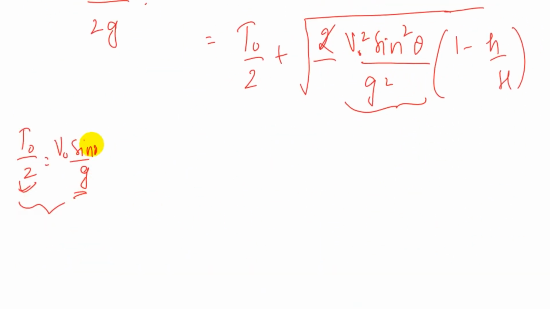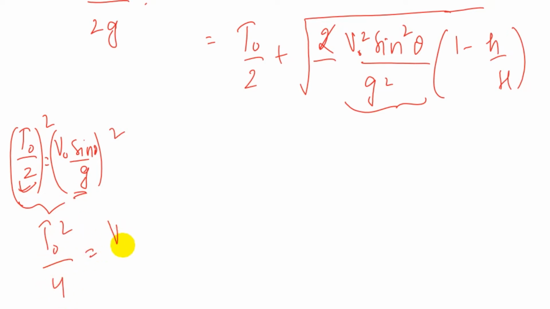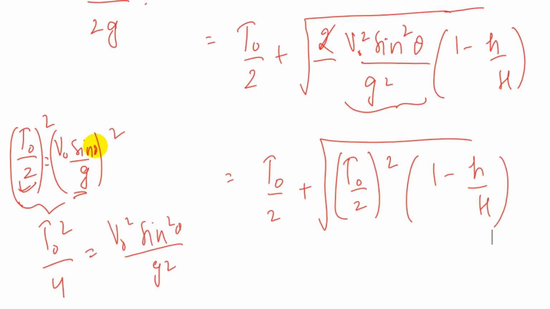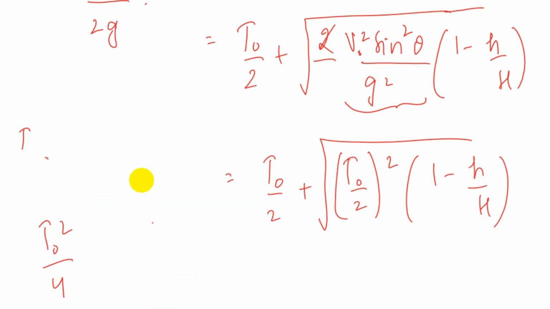So v naught square sine square over g square, we are basically squaring the whole thing. So this would become t naught square over 4, and this is v naught square sine square theta over g square. So we can replace this here, right? So this would become t naught over 2 as it is, plus under root, this is t naught over 2 whole square times 1 minus h over capital H, and this is equal to capital T.